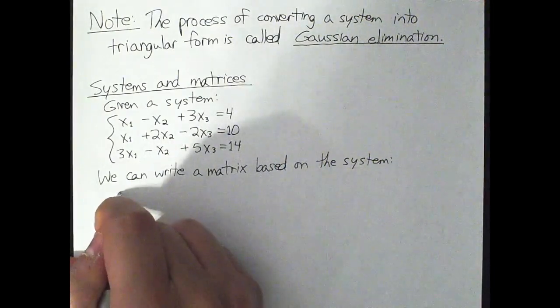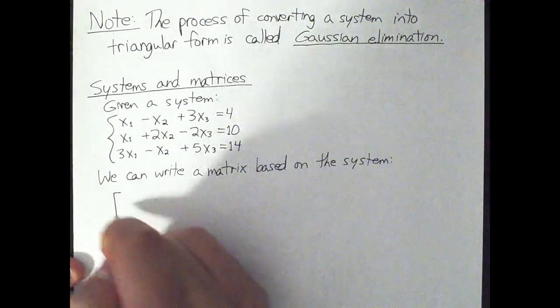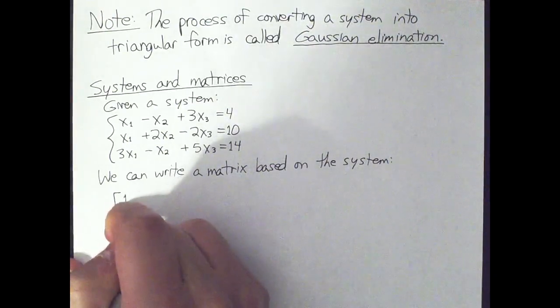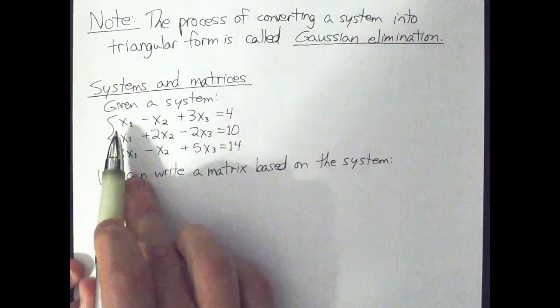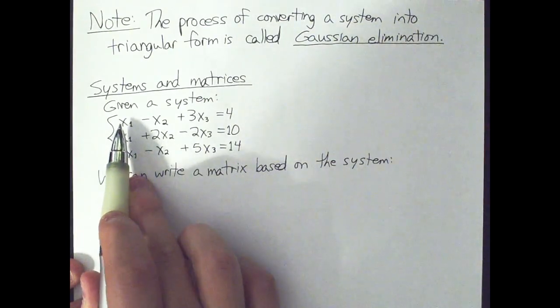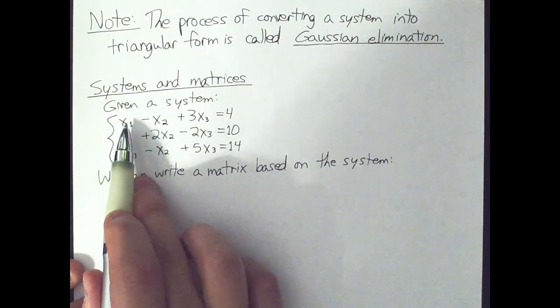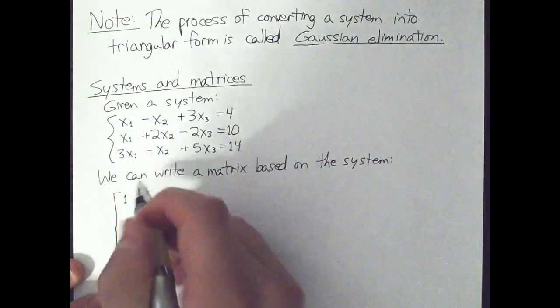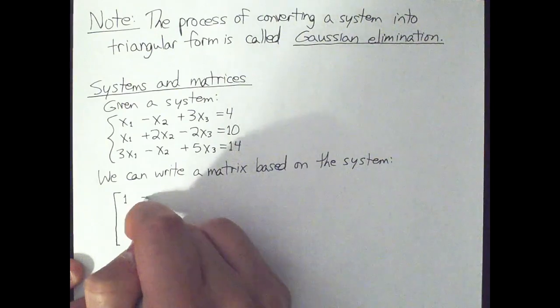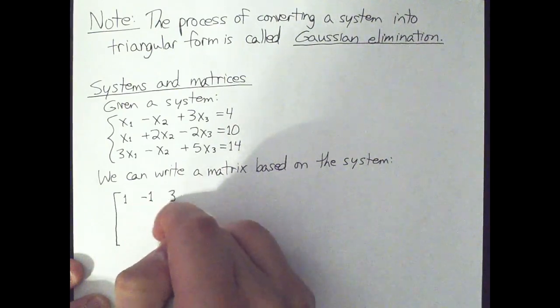So we write a matrix that just sort of has the coefficients, which, you know, if there's no coefficient shown, then I guess the coefficient is 1. We have 1 copy of x1. We have -1 copies of x2. We have 3 copies of x3.